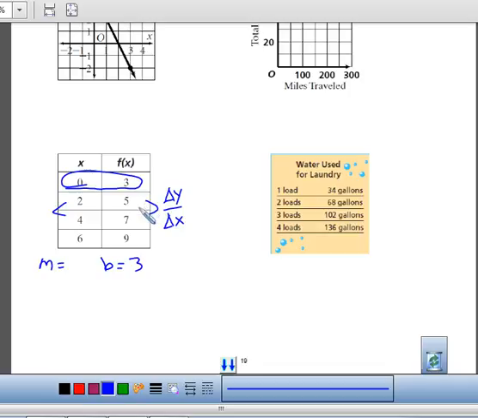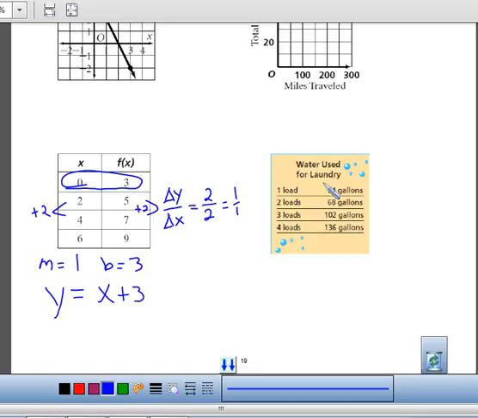So y is going up 2. x is going up 2. So we get 2 over 2, which simplifies to 1 over 1, or just 1 for our slope. Therefore, y equals 1x, or just x, plus 3.